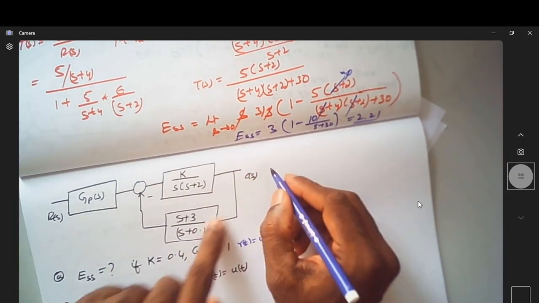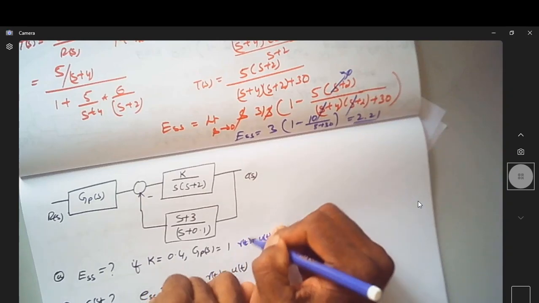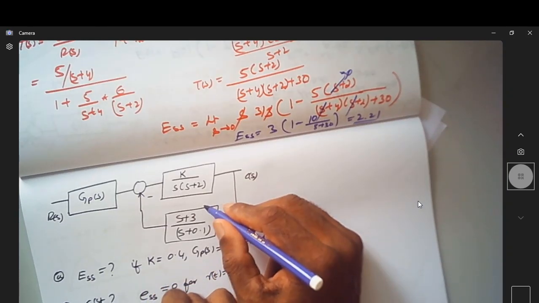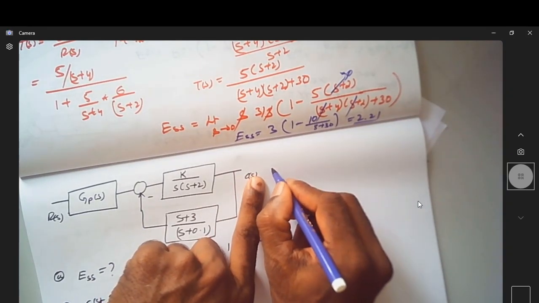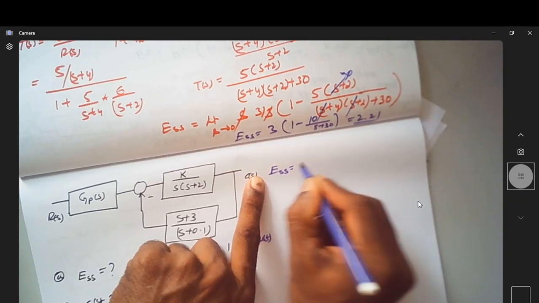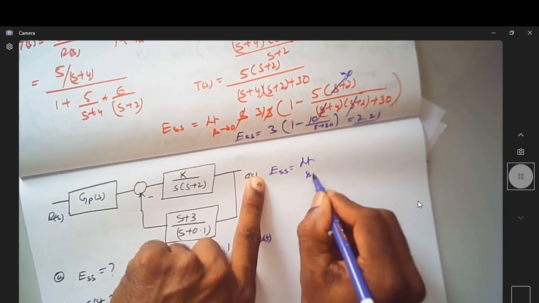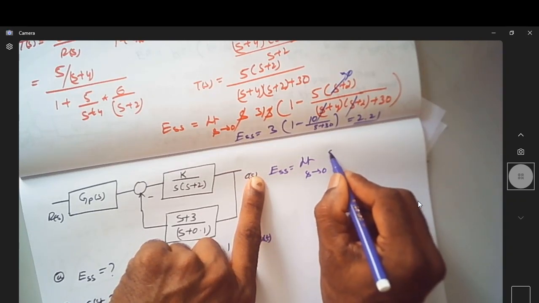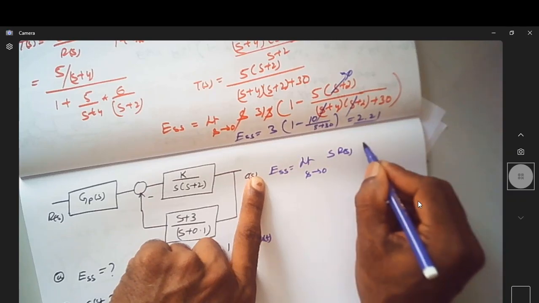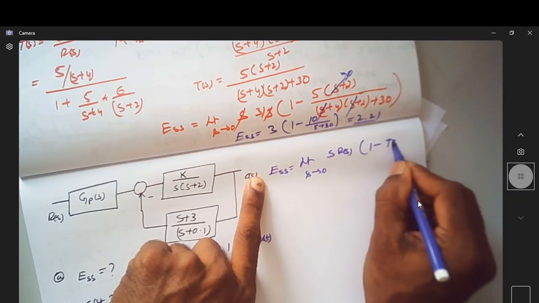So now we know that for a non-unity feedback system, the ESS is given by limit of S tending to 0, S into R(s) into 1 minus T(s).